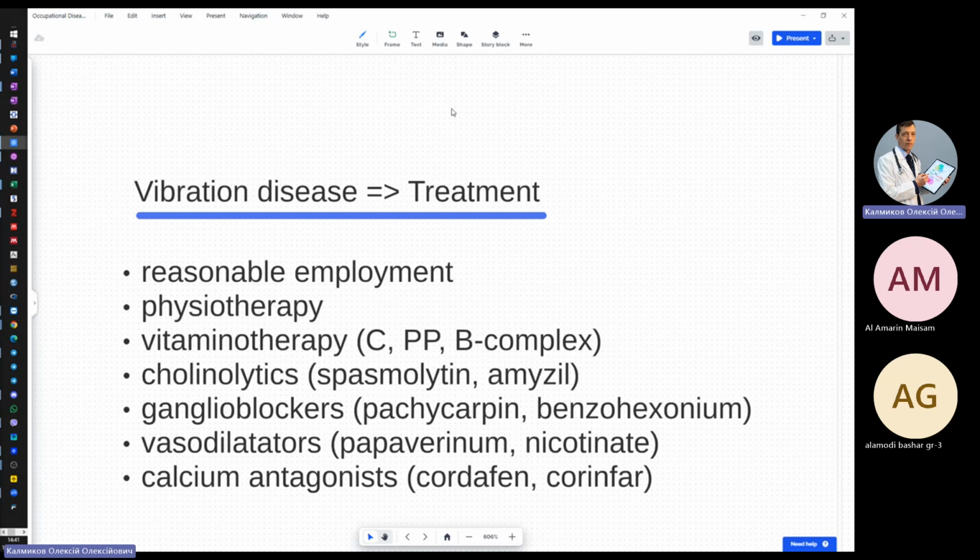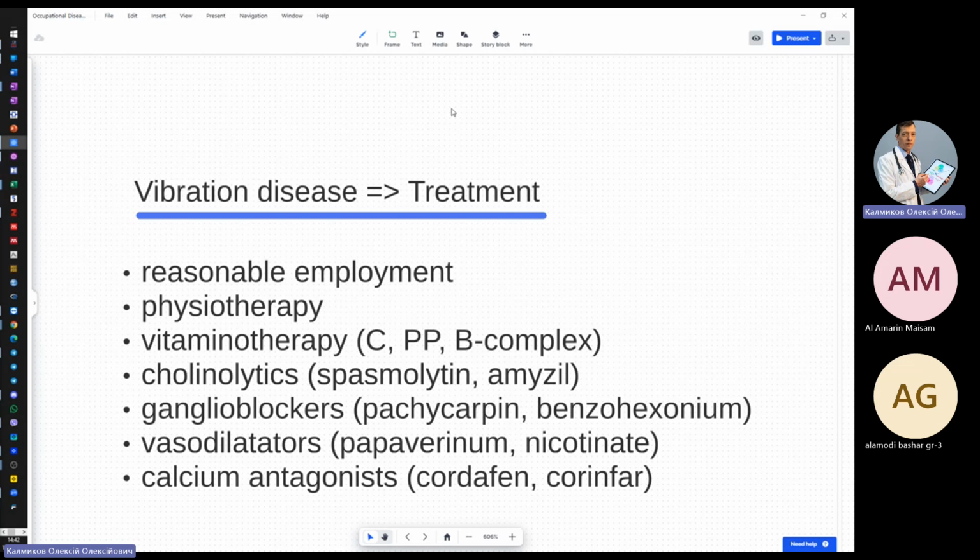Infrared, ultraviolet, electromagnetic, and other media by which they try to improve the trophics in peripheral parts or in neural plexus, etc. Vitamin therapy, especially ascorbic acid and other neurotropic vitamins. They are mostly related to improvement of the condition of the nervous system and therefore the rest in vibration disease.